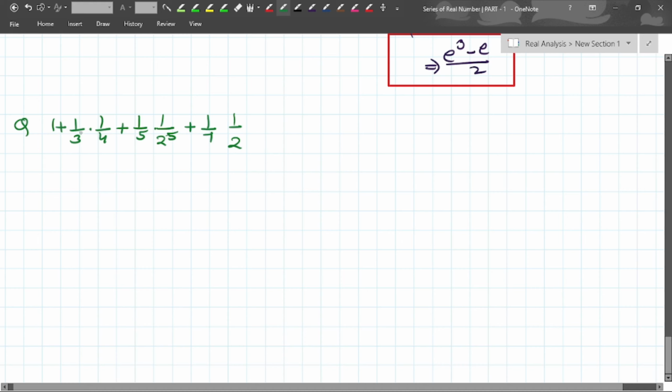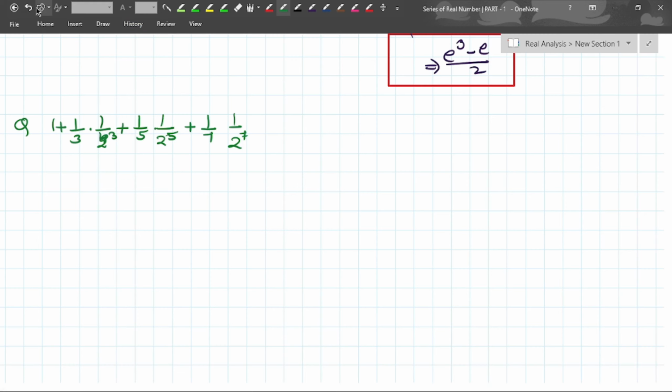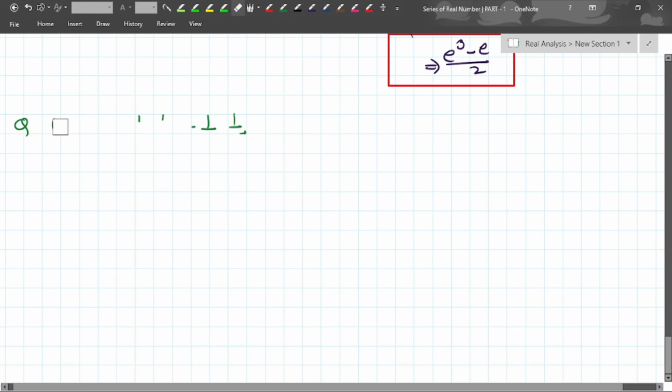It is 2 power 7, it is 2 power 3 here. Wait, it is 4 power 2. The question is wrong here. Yes: 1 plus 1 by 3 into 1 by 4, plus 1 by 5 into 1 by 4 square, plus 1 by 7 into 1 by 4 cube. This is the question.